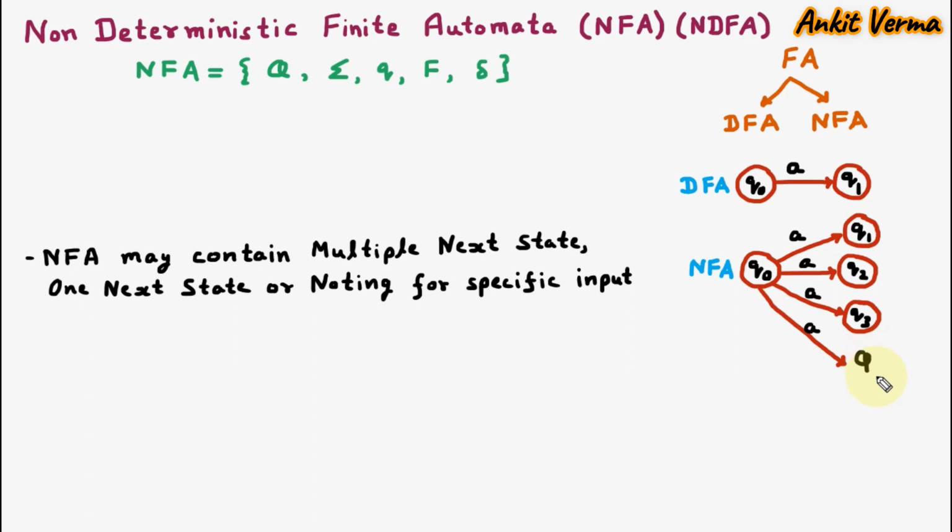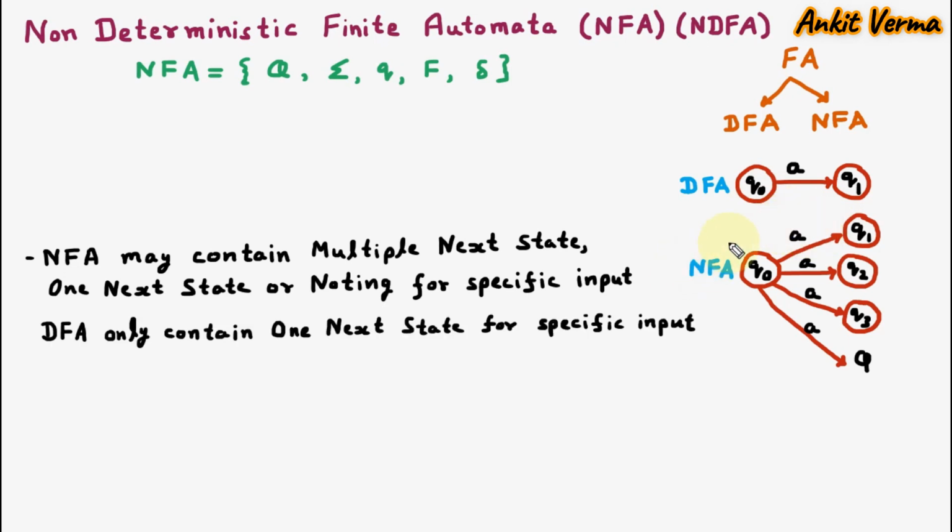So we are reaching nowhere. But in the DFA, for a specific input, we can only go to the one next state. So in DFA, if we are on Q0 and if A is coming, for sure there is only one move possible, which is Q1. So DFA has only one move for a specific input and NFA may have one move, multiple move or nothing.